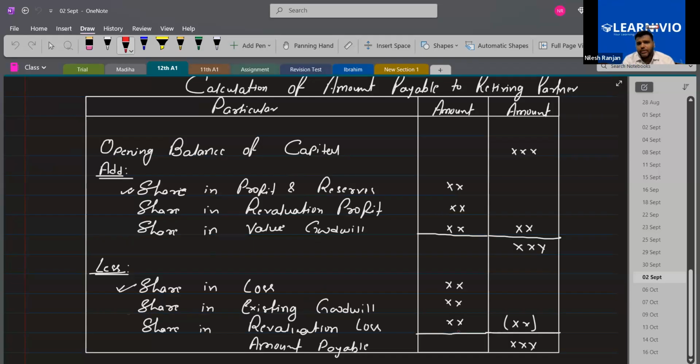Yes, same thing will happen here also, but you have to just write different thing here. Heading: calculation of amount payable to deceased partner.